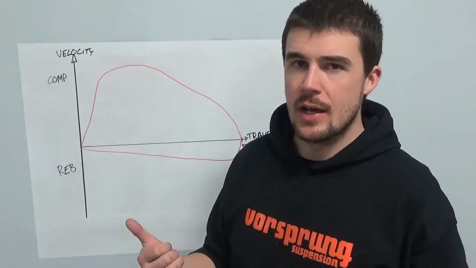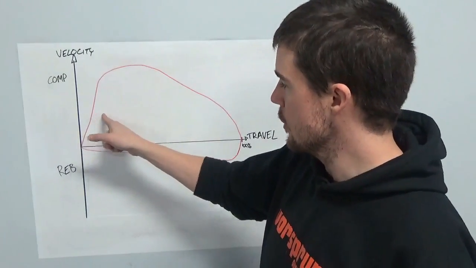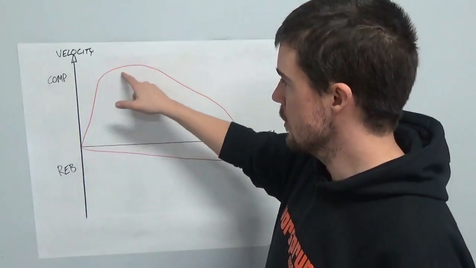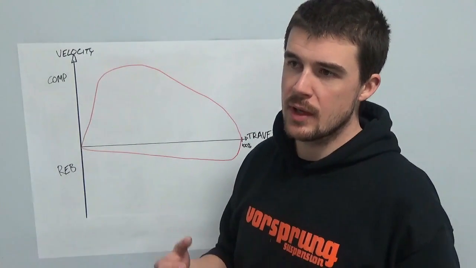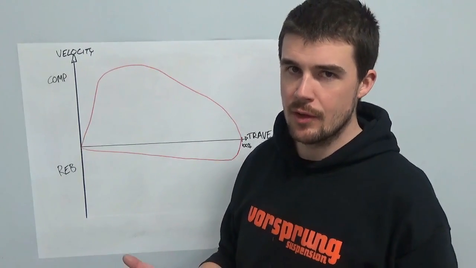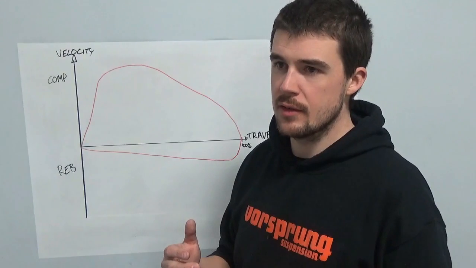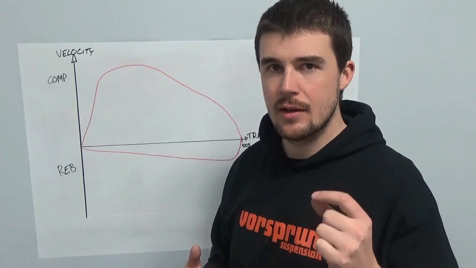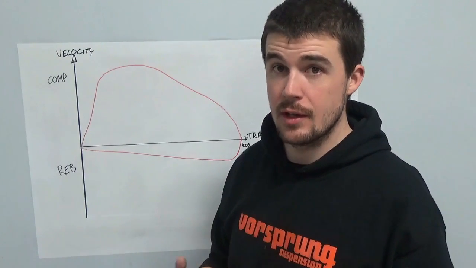A speed sensitive damper reacts the same way to a certain speed at this point in the travel as it does at this point in the travel. The only difference really is where those maximum velocities occur on any given hit. You cannot use any combination of shimmed valve that's currently on the market to create something that actually gives you less damping at the start of the stroke than it does at the end of the stroke.